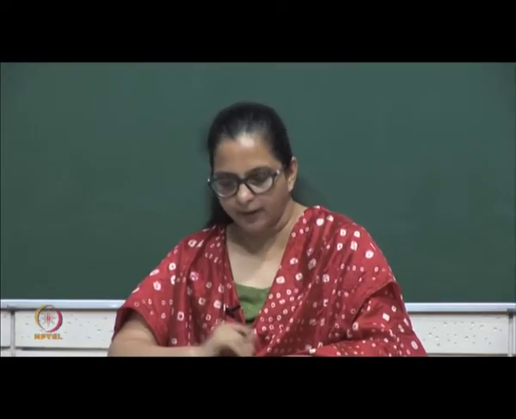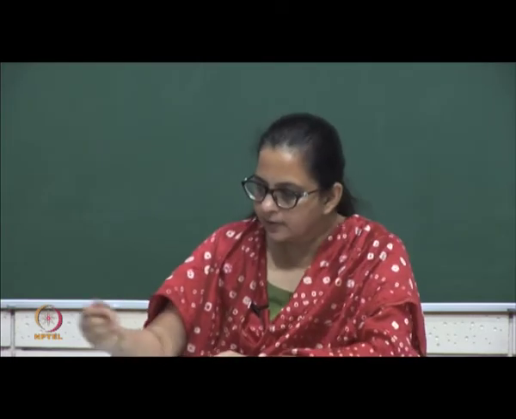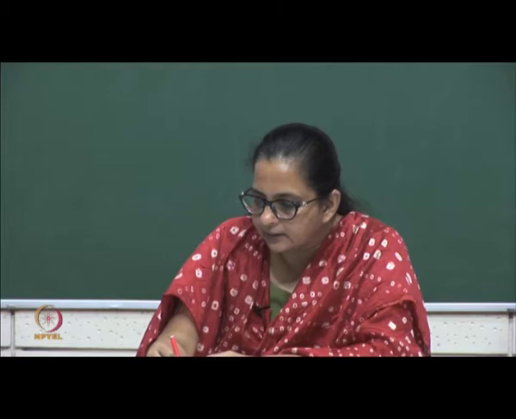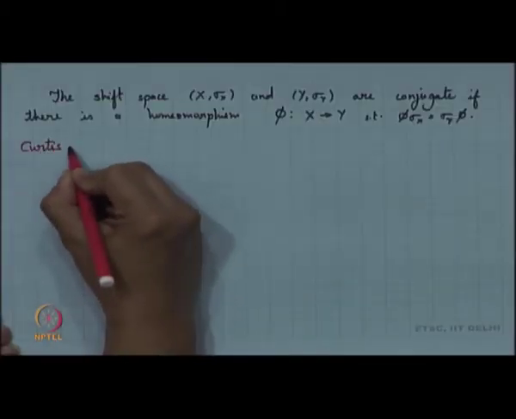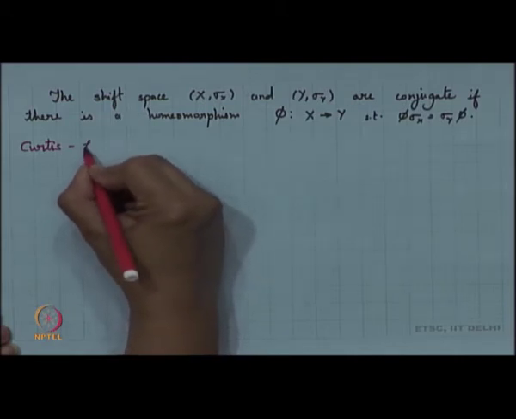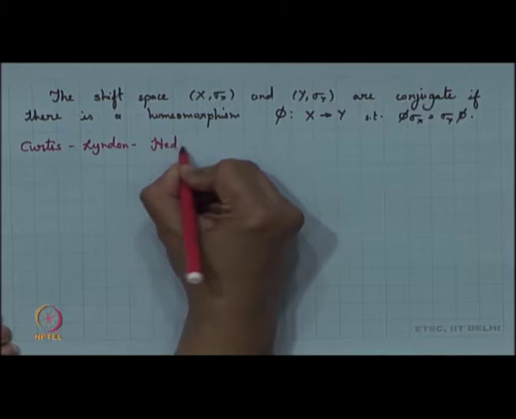Now we have two shift spaces X and Y. So what kind of map is this factor map? So for this we have a very nice theorem. So this is basically the Curtis, Lyndon and Hedlund theorem.